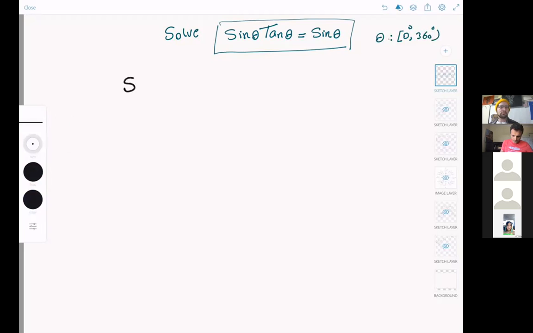So what's happening here? I'm going to write it in a different color, a little bolder. We have sine of theta multiplied by tangent of theta. The answer should be the same as sine of theta. So definitely you're not able to go to the unit circle and test, for example, if I put 30 degrees here, does that work or not?